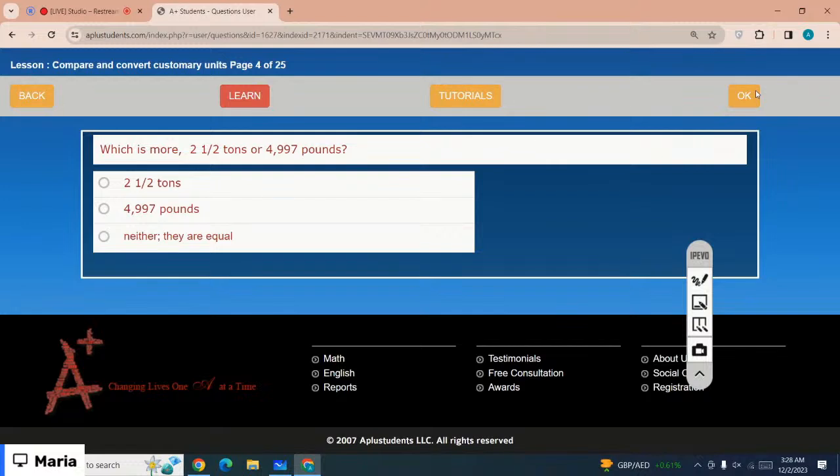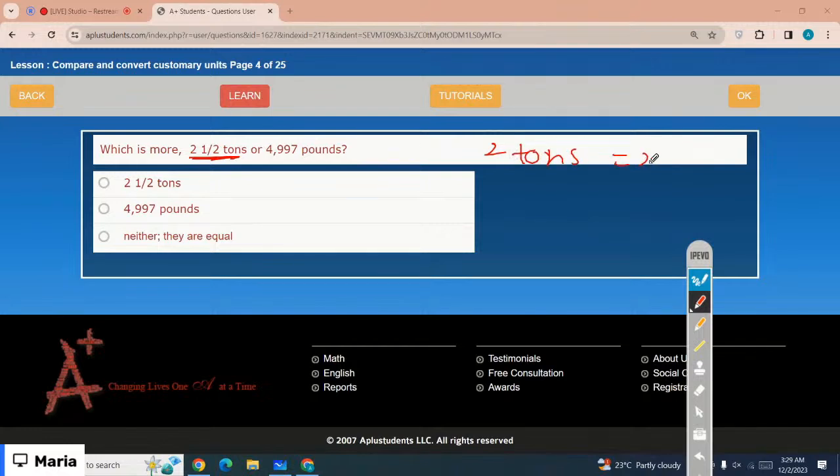Okay, the next one is, which is more, 2 whole 1 by 2 tons or 4,997 pounds, right? So we know that 1 ton equals 2,000 pounds. So you have 2.5 tons. So 2 tons means 2 times 2,000, that is 4,000, and half means you have to add half of 2,000, that is 1,000.